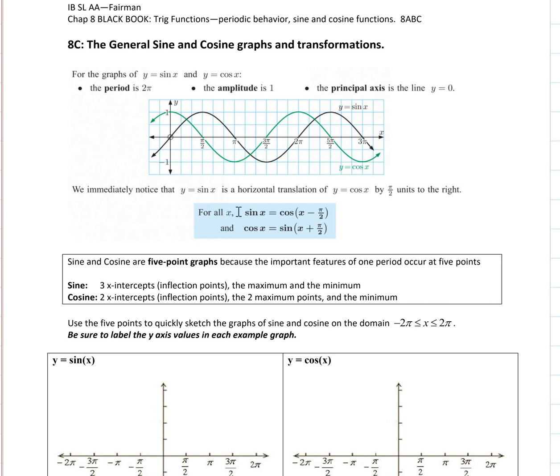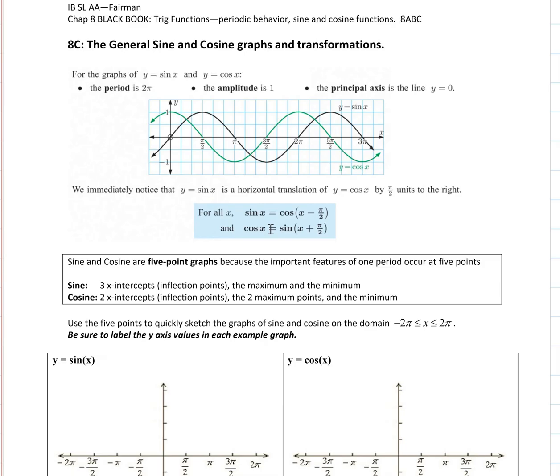So you can see below there's an example of how they are shifted. You could take the sine graph, and that's equal to the cosine graph shifted to the right pi over 2, or the cosine graph is equal to the sine graph shifted to the left pi over 2.